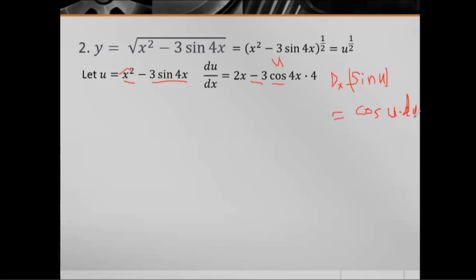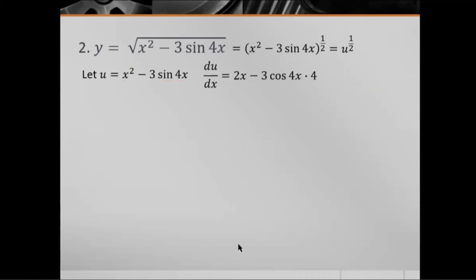Yung du, derivative of u. So, ano ang u? Sine u, ang u mo dito ay 4x. At ang derivative ng 4x ay 4. Okay, so magiging cosine u, cosine 4x, derivative of u is 4. So kaya naging 2x minus 3 cosine 4x times 4.